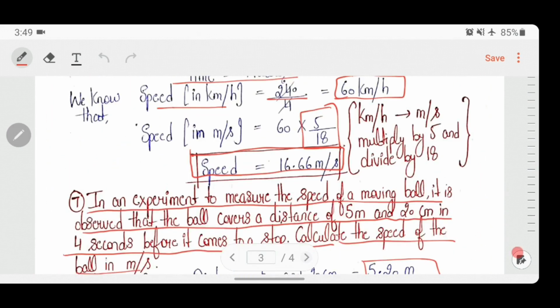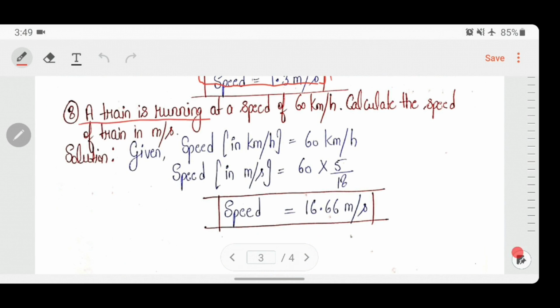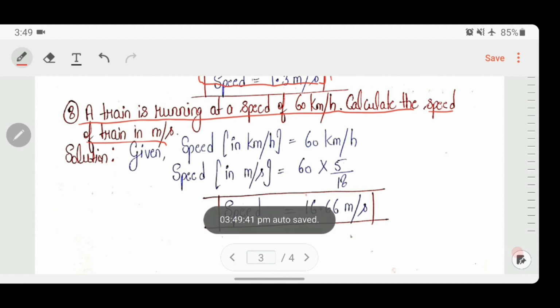In the next numerical, a train is running at a speed of 60 km per hour. Calculate the speed of the train in meter per second. In this numerical, you have to convert the speed of the train, which is given in kilometer per hour, into meter per second. As we did in the previous numerical, you multiply the given speed of the train by 5 and divide it by 18.